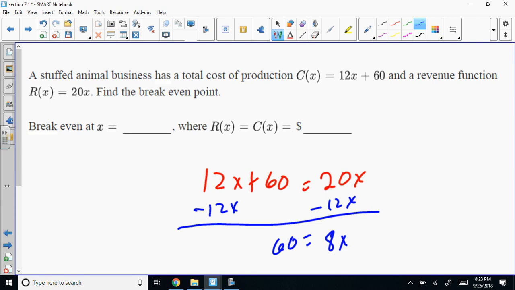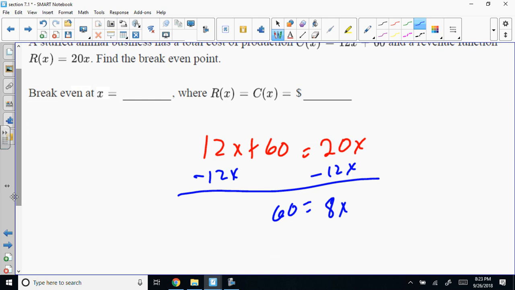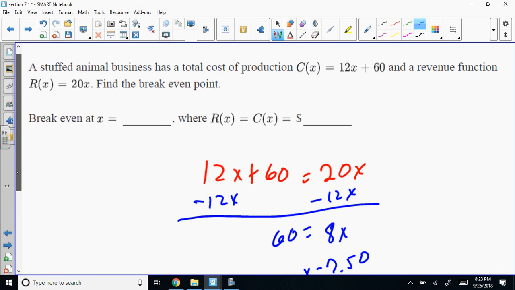Yeah, we could have some change. Let's go get some change. 7.5. Now, what do I do with that 7.5?